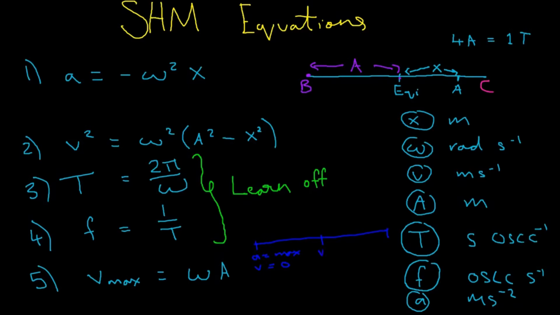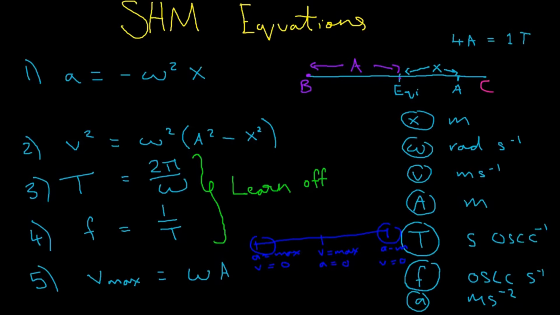At this point, velocity is equal to max and acceleration is equal to 0. And at this point, a is max again and velocity is equal to 0 again, because this point and this point are identical in terms of what happens. So we're looking at this point because we're looking at the maximum velocity. When does the maximum velocity occur? It occurs when the acceleration is equal to 0.